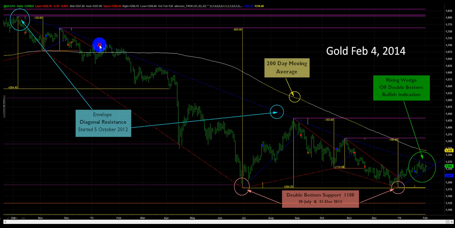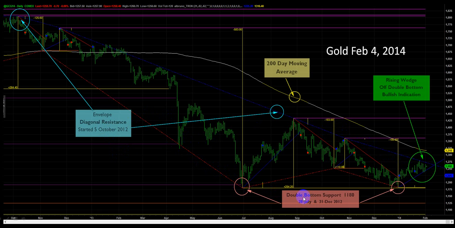This is the blue line traveling downward. This particular mark started in October of 2012 and continues on today until we get down to today's level. As you will notice, this bottom line right here was also an outside envelope which disappeared somewhere around July where we received our first double bottom.